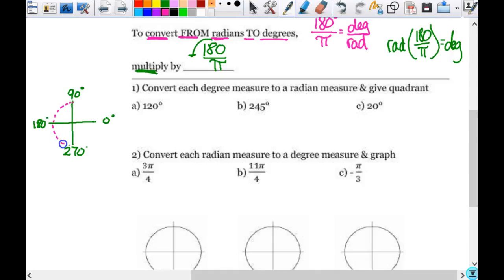I would suggest you draw it as big as you can in the little space that you have. And then this is quadrants 1, 2, 3, and 4. And hopefully you can at least get a tiny picture that you can refer to. But you don't really have to have it to do what we're doing. I just think it helps to make it make sense.